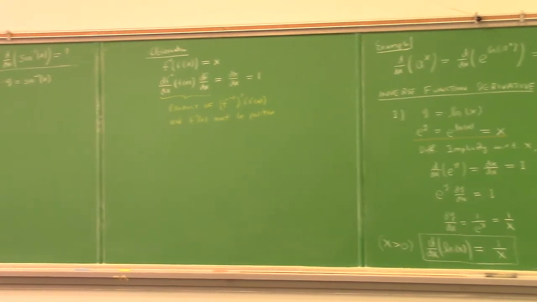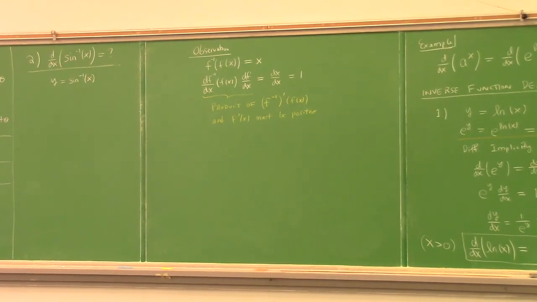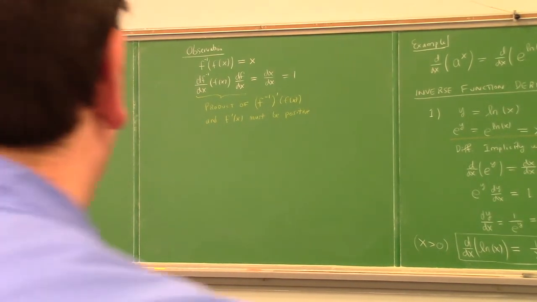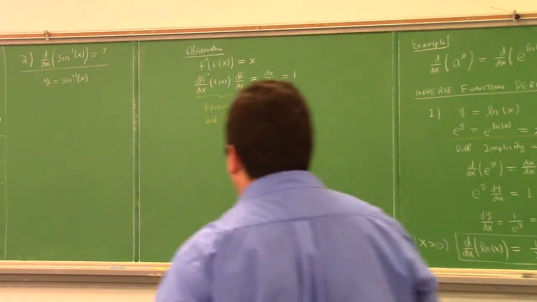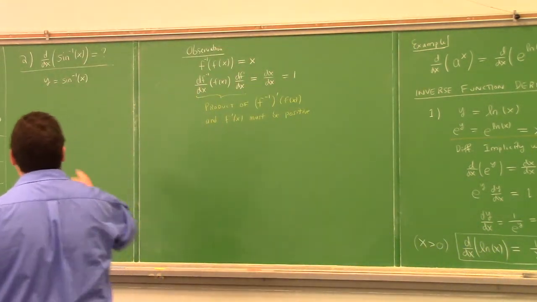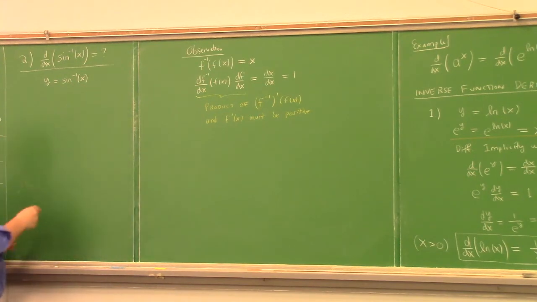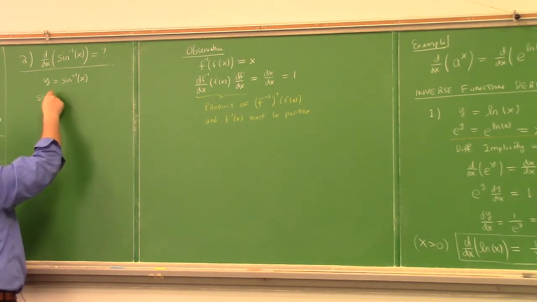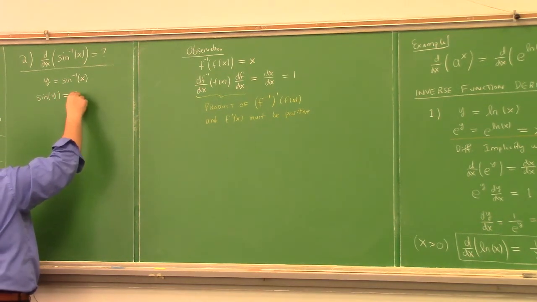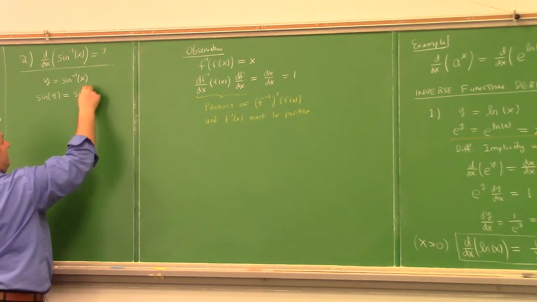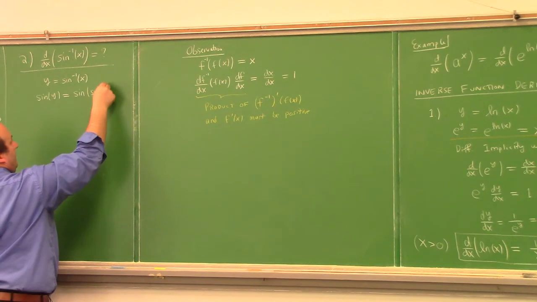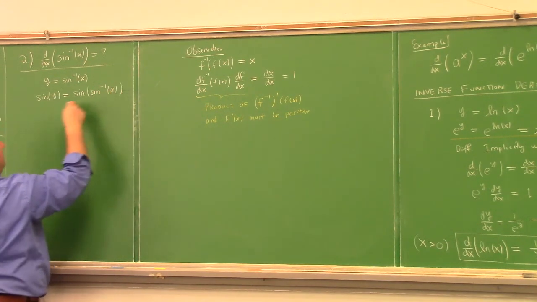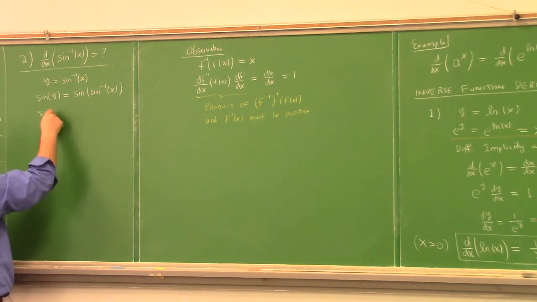So how do I solve for x in number 2? How about I take the sine of the equation? So sine of y is sine of inverse sine of x, which is just x again.